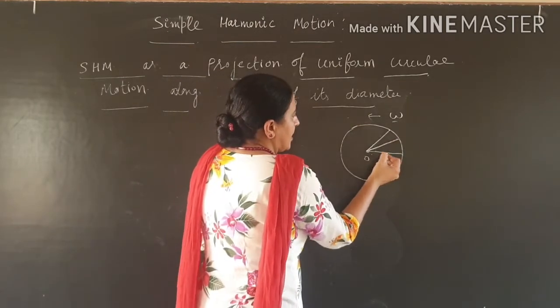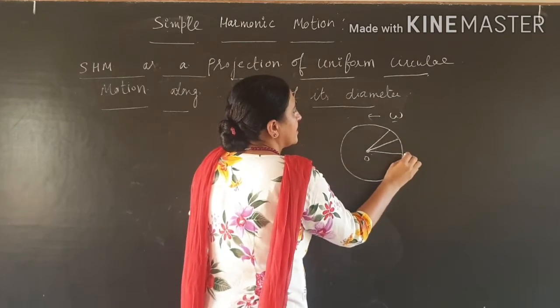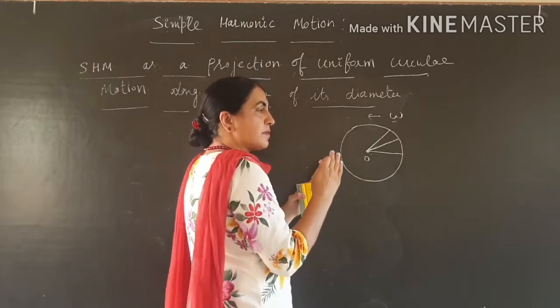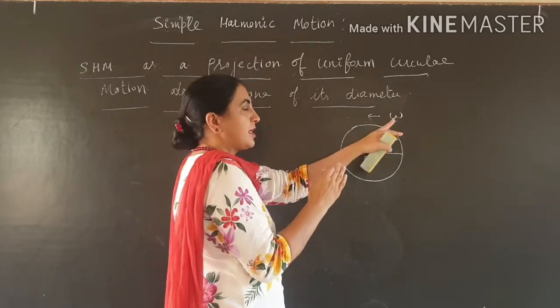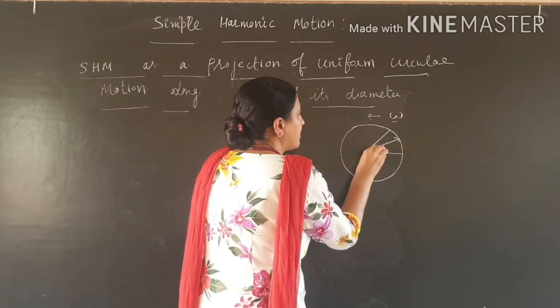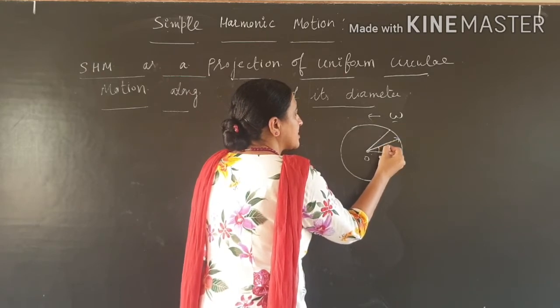At time t equal to 0, suppose this particle P is moving in a uniform circular motion with this omega, and it is at the point where the angle is phi.